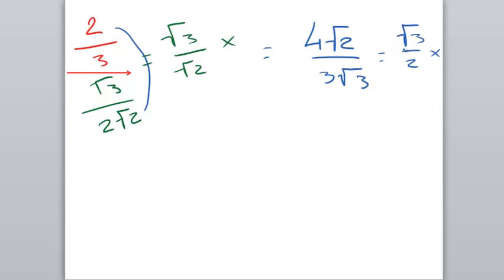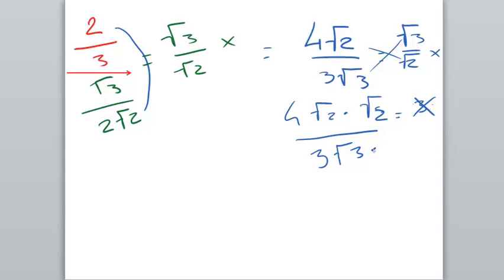So now we cross multiply, so it is 4 root 2 times root 2, and we leave x alone on this side, over 3 root 3 times root 3.